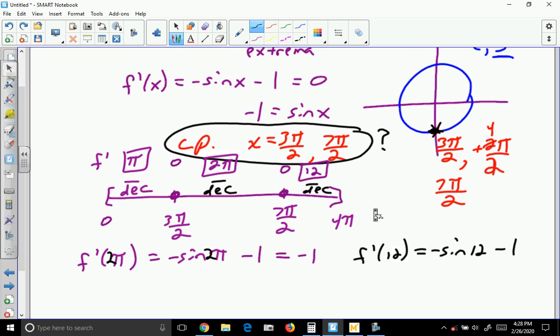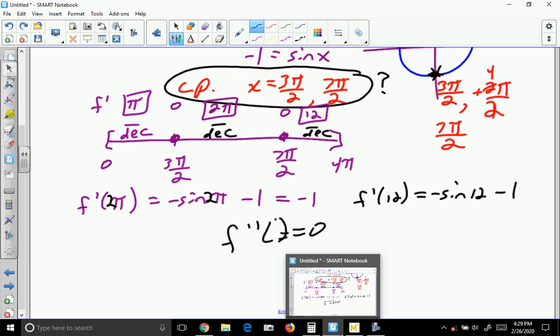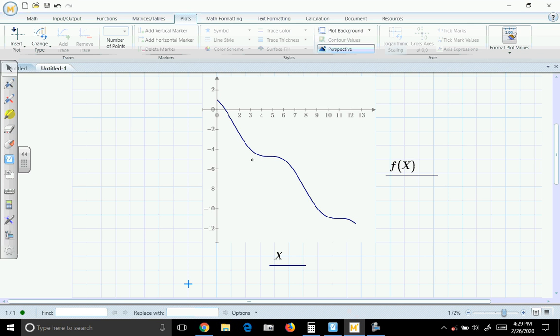So the second derivative test failed because our second derivative was equal to 0, which it looks like we were concave up here and then concave down here. So that was an inflection point. And then we changed from being concave down to concave up here.